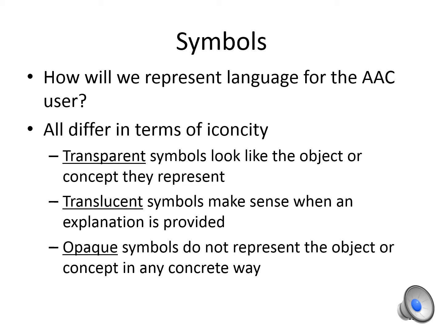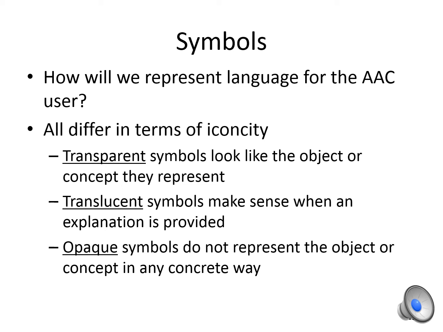The next set of symbols is called translucent, and these symbols make sense to us after they are explained to us. If you think about the sign for milk, it's a good one in the translucent category because initially someone might not have any idea why we squeeze our hand together several times for milk.